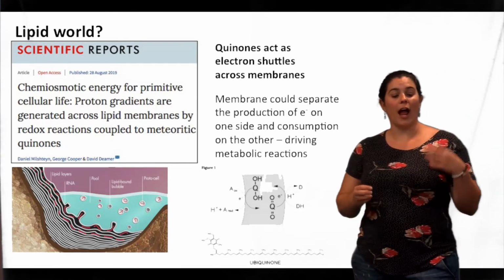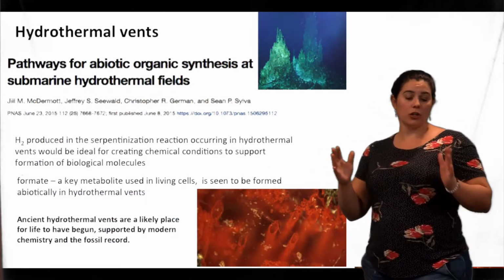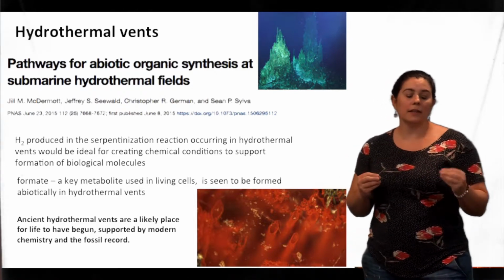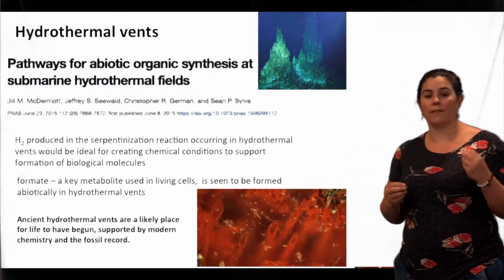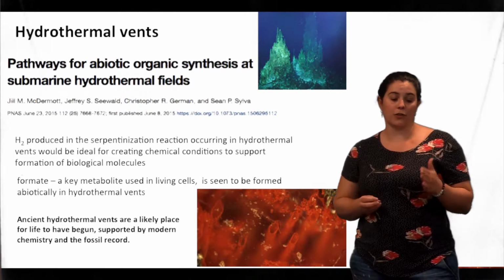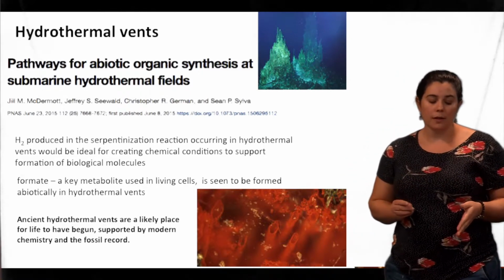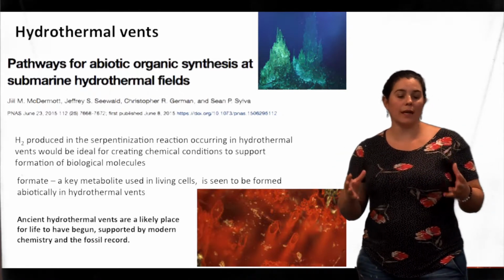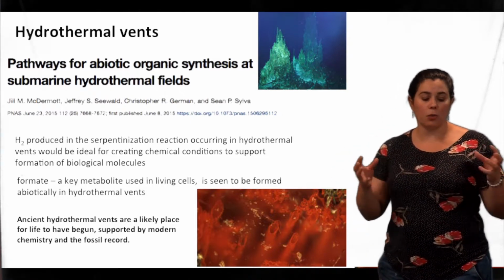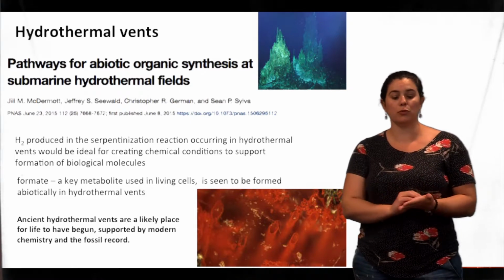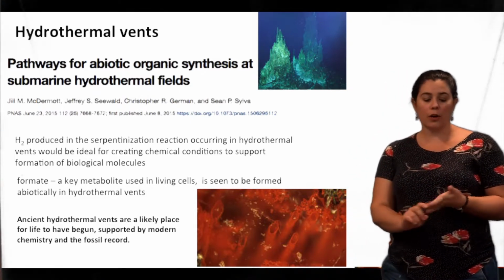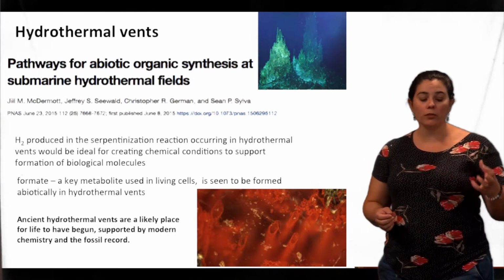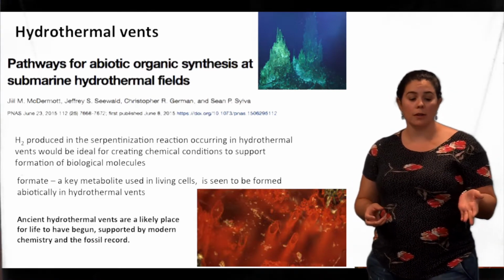And when we take another step back to look at hydrothermal vents, which probably represent a very likely place for life to have started, there's good evidence for that in the fossil record. The reason hydrothermal vents were likely a good environment is that the hydrogen produced through the serpentinization reaction occurring in hydrothermal vents would have been ideal for chemical conditions to support the formation of biological molecules.